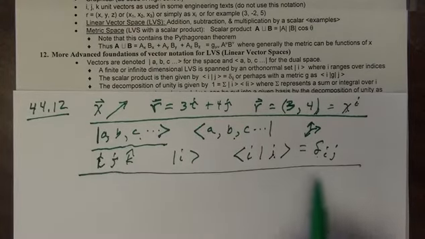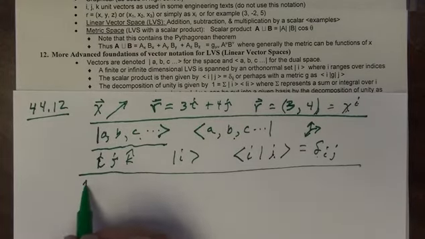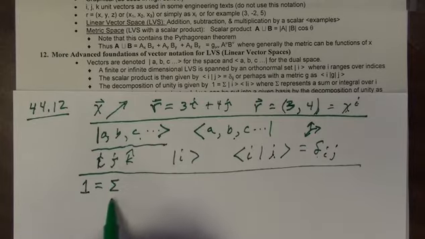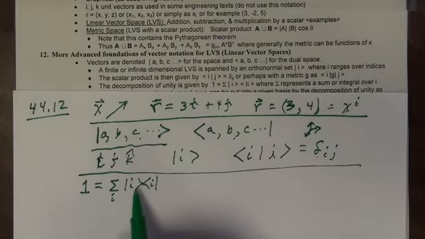Now the power goes a little bit further. I can use something called the decomposition of unity. The decomposition of unity is given by the sum over i of |i><i|, where I am saying that the space can be broken up into a set of unit vectors by projecting onto a unit vector and then taking that scalar product and pushing it into the ith direction.